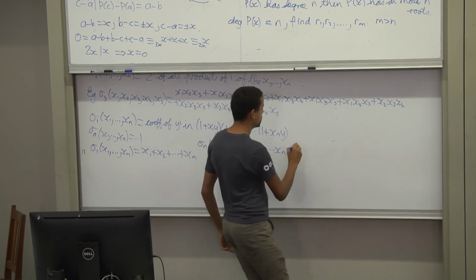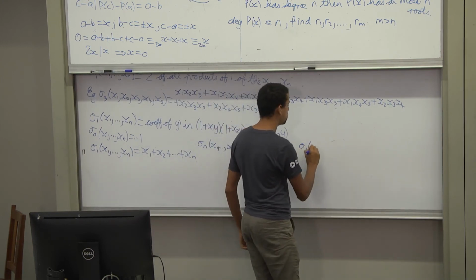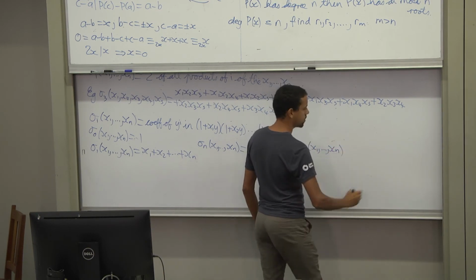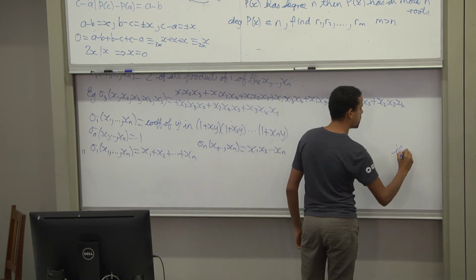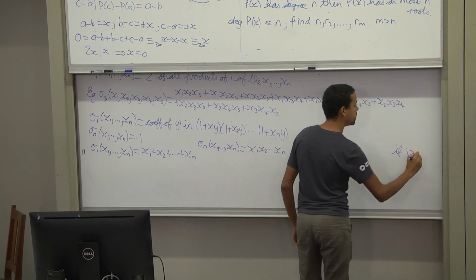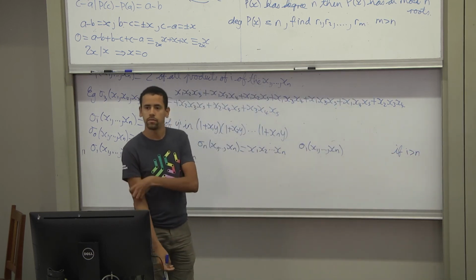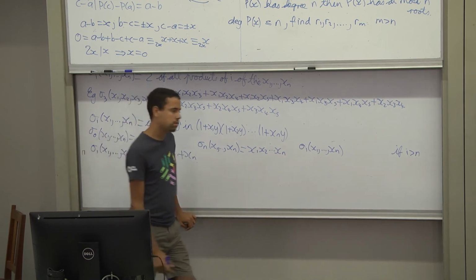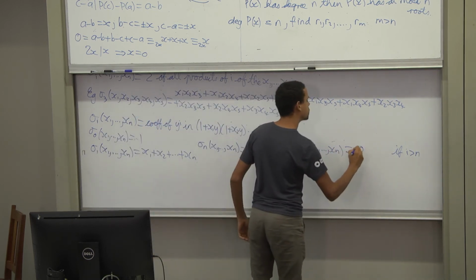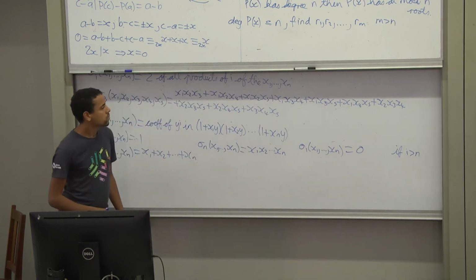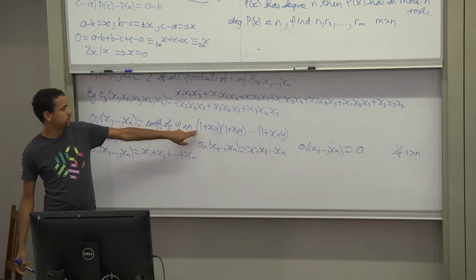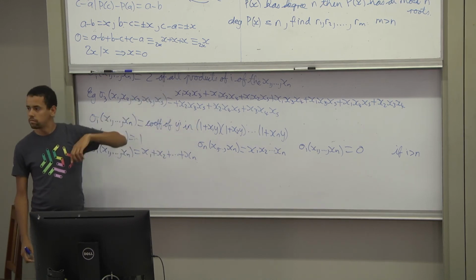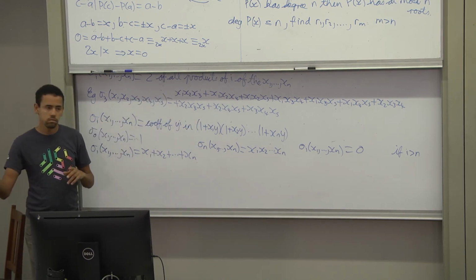Finally, what is sigma I of x1 to xn if I is greater than the number of variables that you have? It would be 0? Yes, that would be 0, because there's no coefficient with bigger degree. You can't choose 5 things if you only have 4 things. Yeah, what he said.